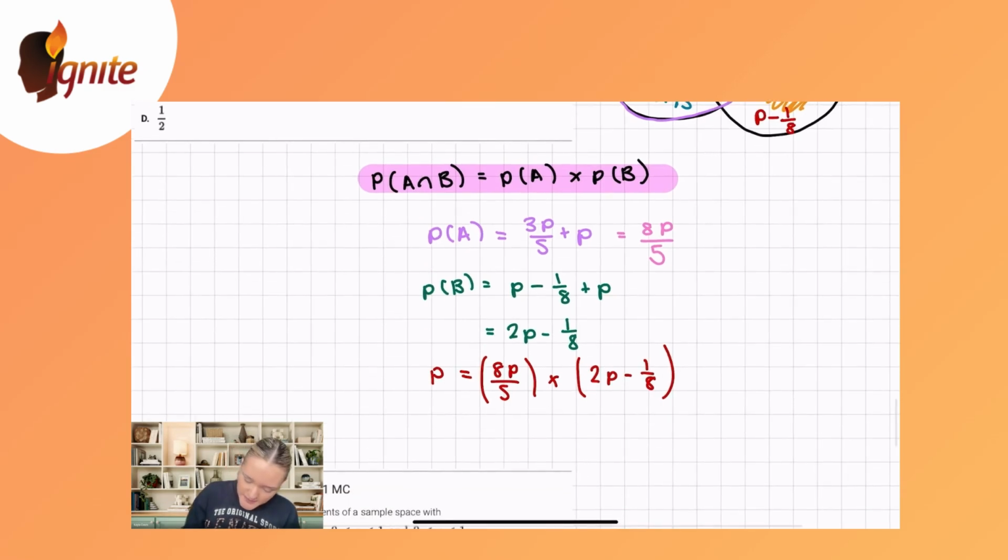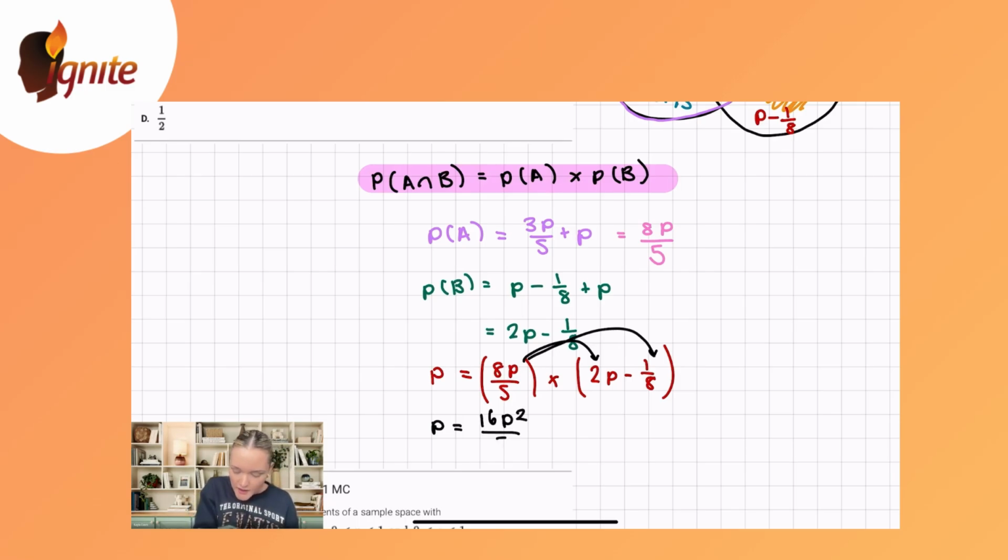Okay, so expanding that one out, using my FOIL technique like I said, we're going to have P is equal to 8P on 5 times 2, which is 16P squared on 5, because I've got 2P terms now.